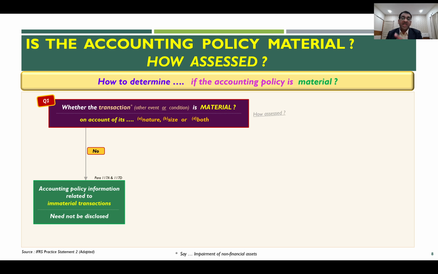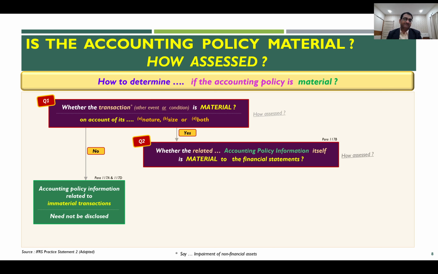But if the answer to this first question is yes, it is material, then you have to ask another question. Question number 2: in that case, paragraph 117B of the amended standard guides you to ask another question. The transaction is not material, but is the accounting policy information itself material?